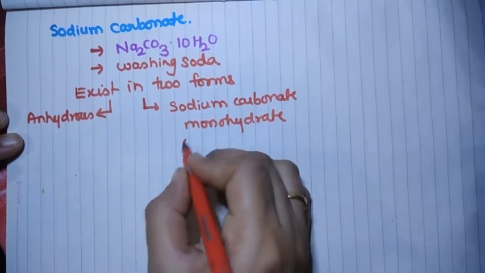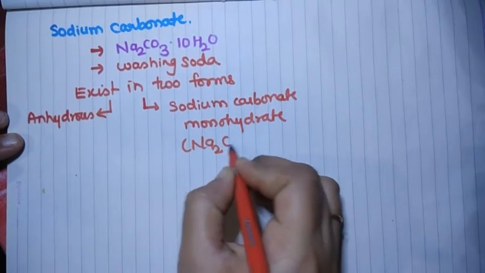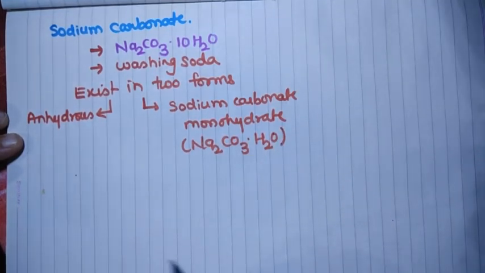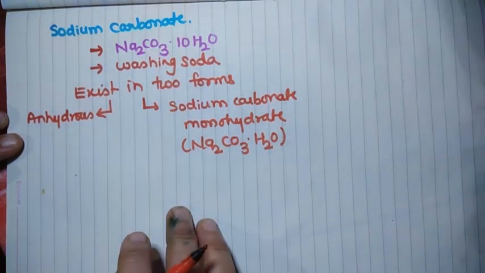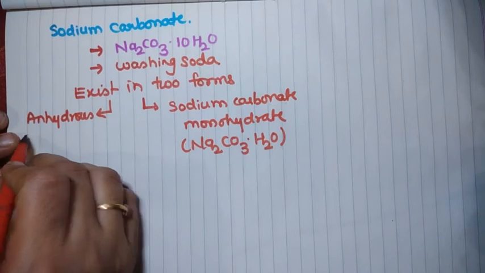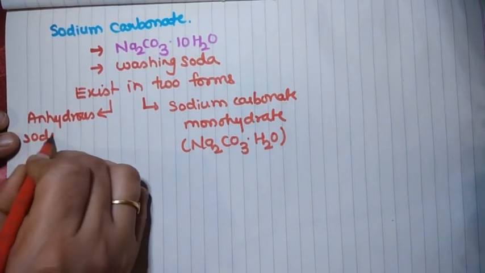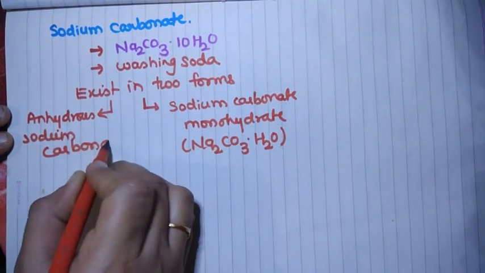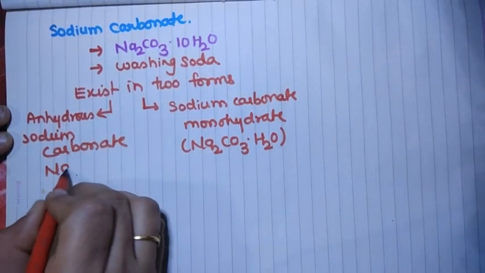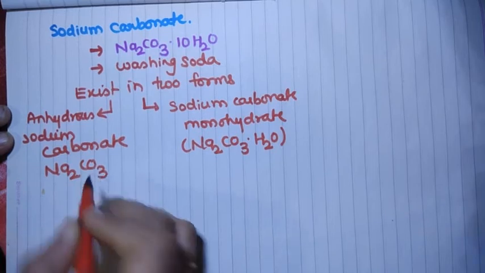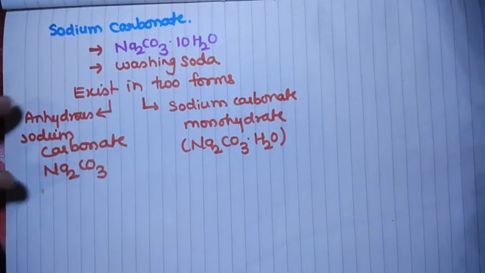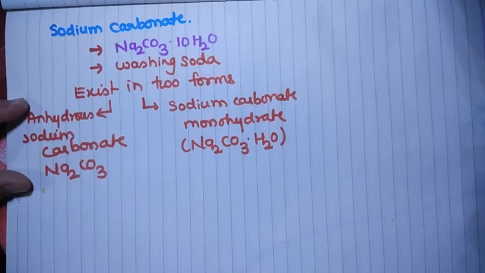The formula is Na2CO3.H2O. And the other form is anhydrous sodium carbonate, that is Na2CO3 simply. You do not have to write any water molecule because it is now the anhydrous form. So in this way you can write.